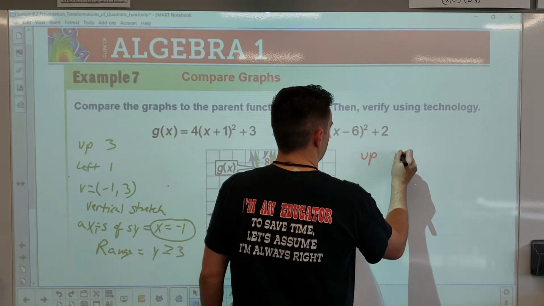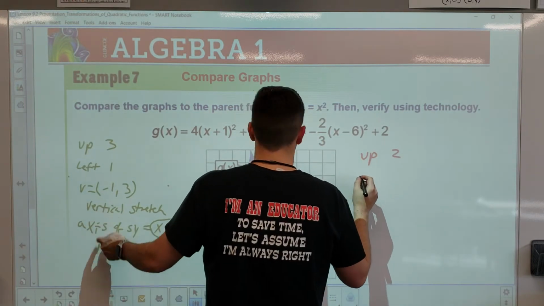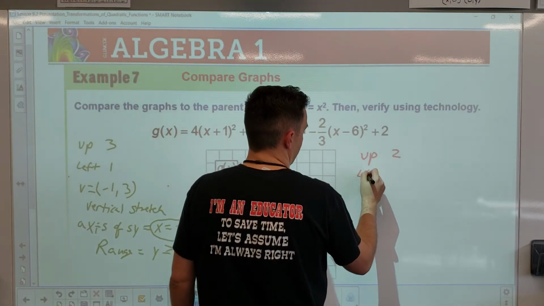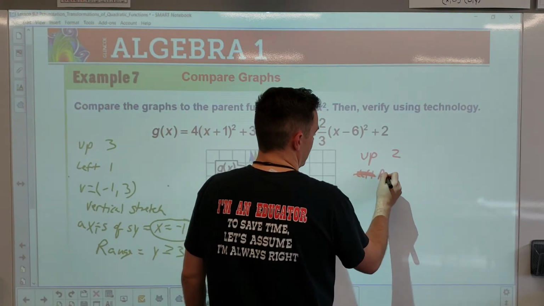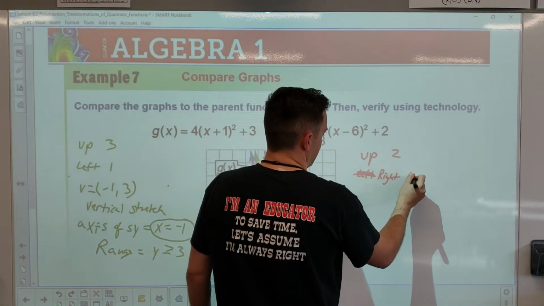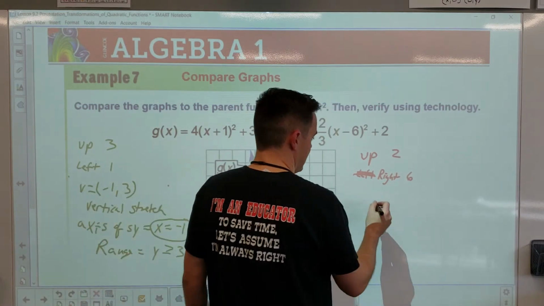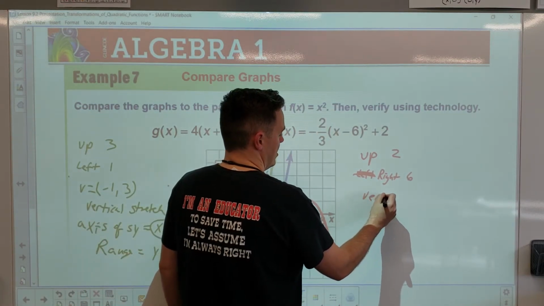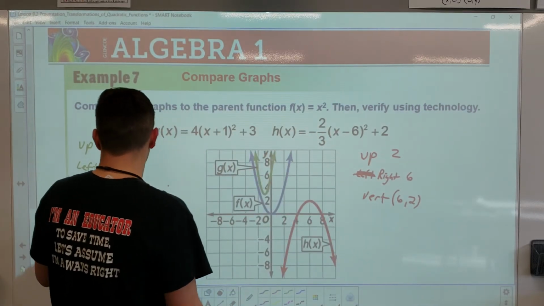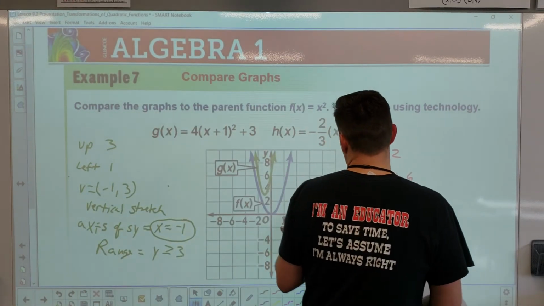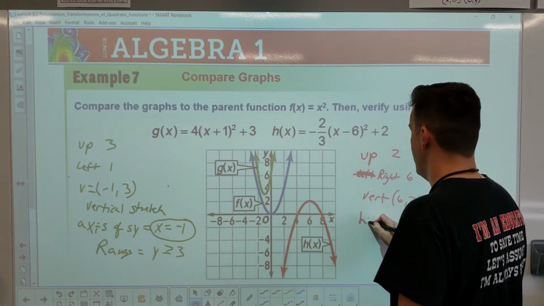Up 2. We would go left. Not left, but right. Right 6. The vertex on this would be 6, 2. And then is it a vertical stretch or horizontal? This one's a horizontal stretch.